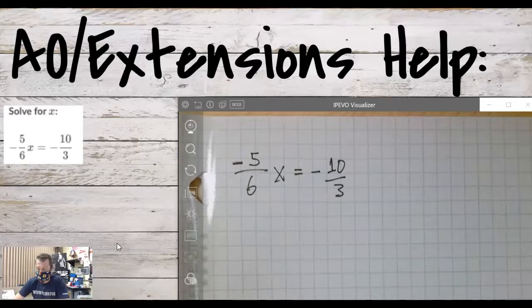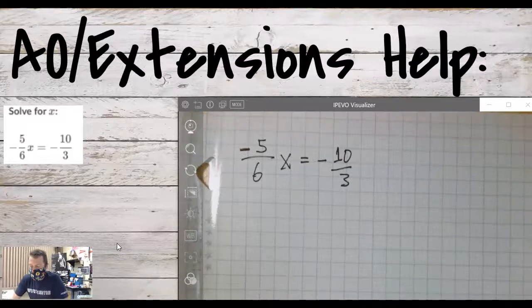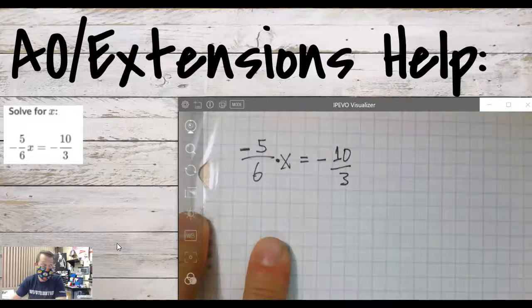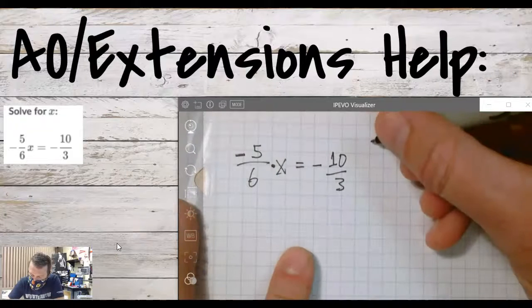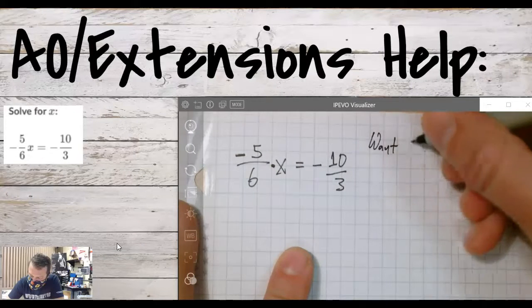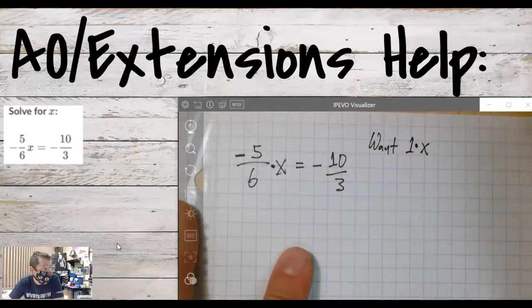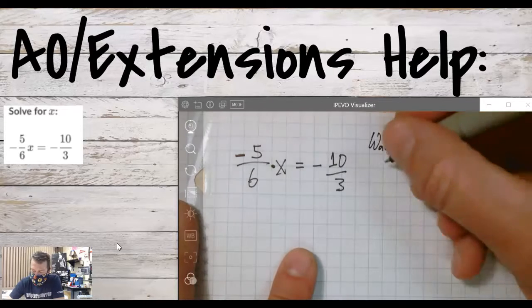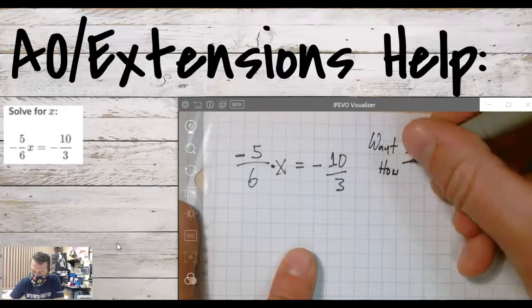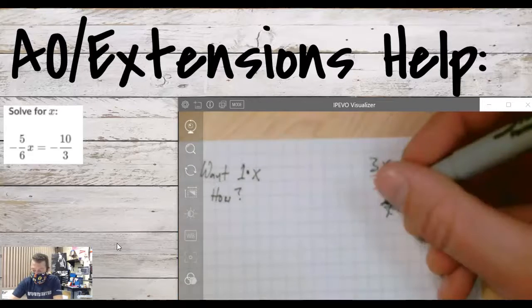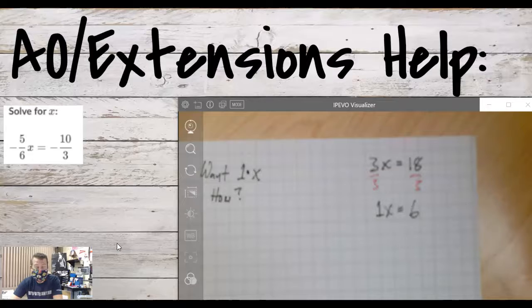We have a fraction times our variable. So again, we think about we want 1 times our variable, right? What we always want is 1 times the variable, which in this case is x. So we ask ourselves, okay, how? Well, over here, dividing by 3 is how we get 1 of our variable.